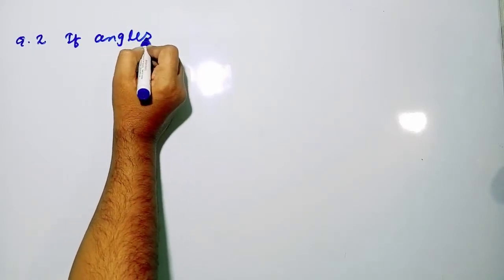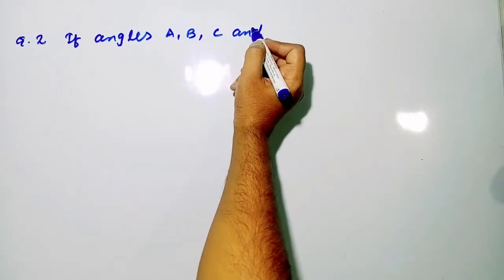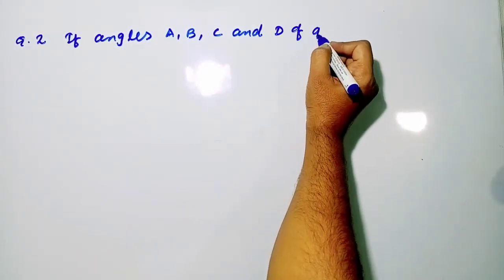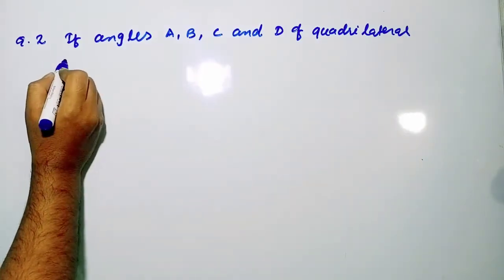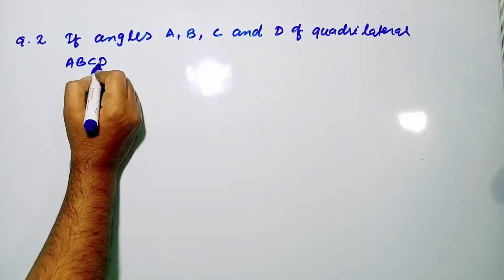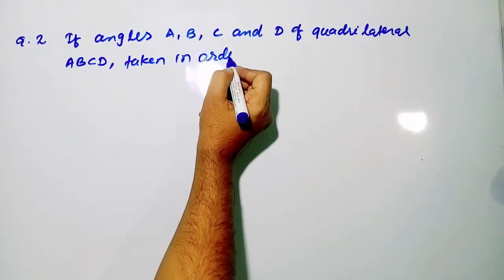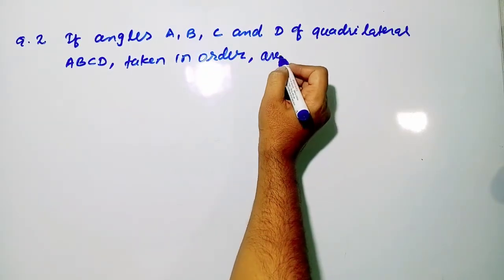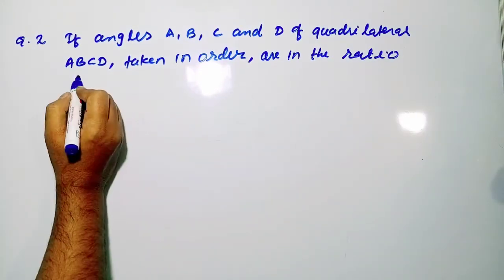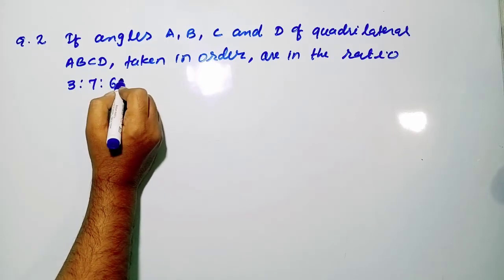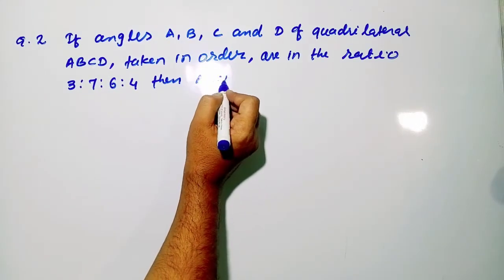Next question, if angles A, B, C and D of a quadrilateral ABCD taken in order are in the ratio 3:7:6:4, find the measure of all the angles.